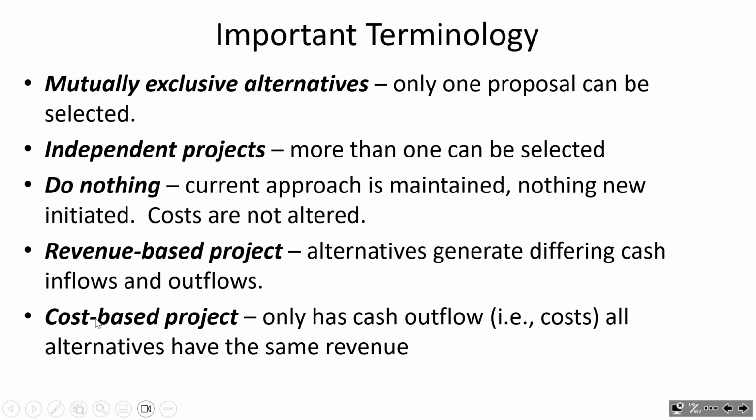You can get a metal roof or an asphalt roof. Either way, that new roof is not going to generate income for you, but you have to have it. Otherwise, all your stuff's going to get wet. So that would be an example of a cost-based project: it only has outflows, and there's either the same revenue or no revenue. Any questions about this terminology so far?